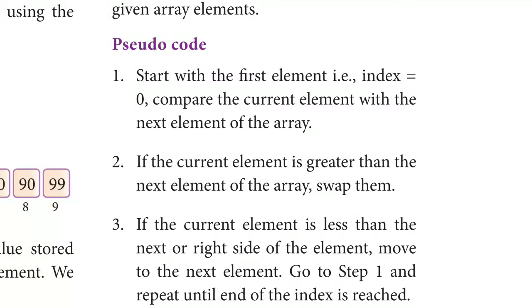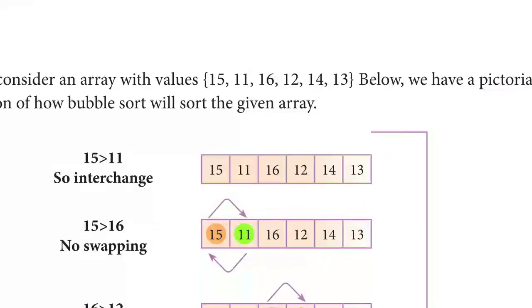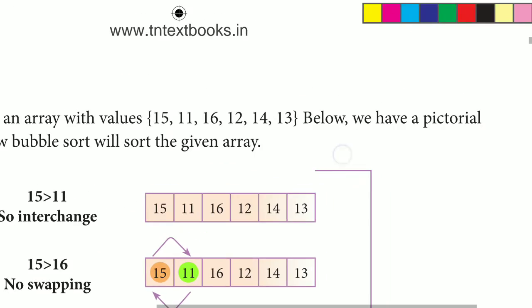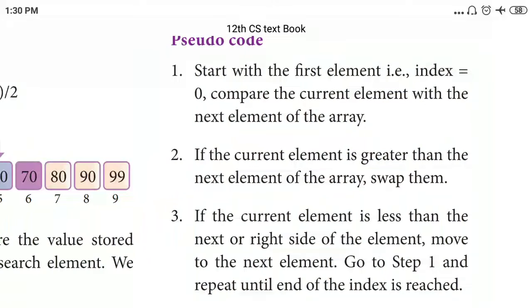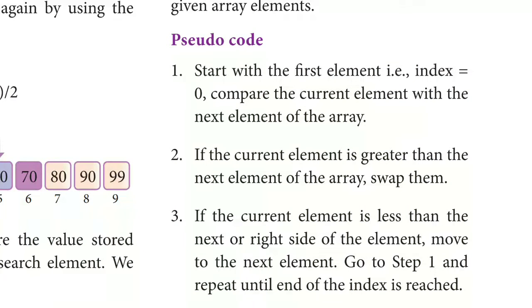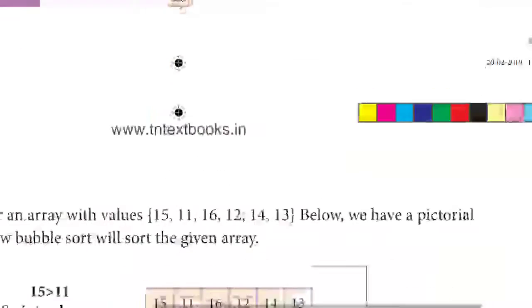Compare the current element with the next element of the array. First you can see that 15 and 11 are compared here. 15 is greater and 11 is lesser. Comparing the current value, which is 15, with the next value 11: if the current value is greater than the next value, swap them. Swapping means interchanging.